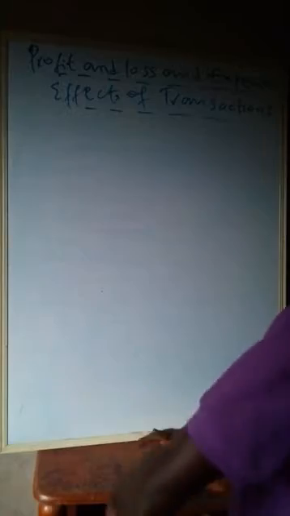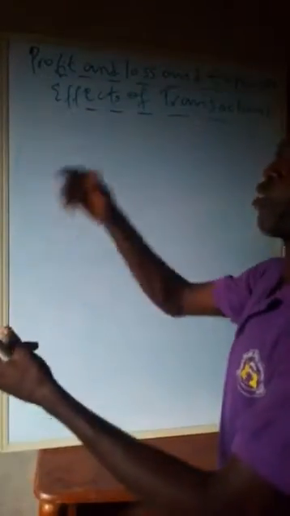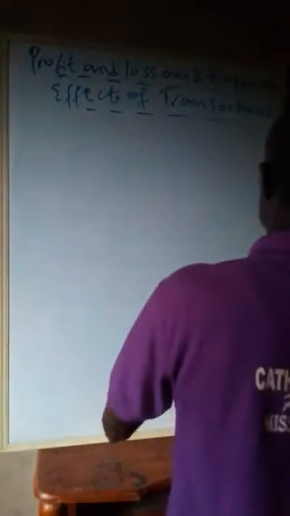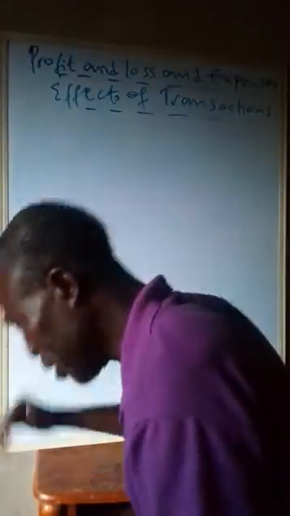So the one we have covered before is asset of stock, and it is treated under sales and the cost of sales to arrive at gross profit. So after arriving at gross profit, where do you go? You reduce the expenses. And that is what we are treating today. Effect of transactions. That is expenses in the profit and loss account.